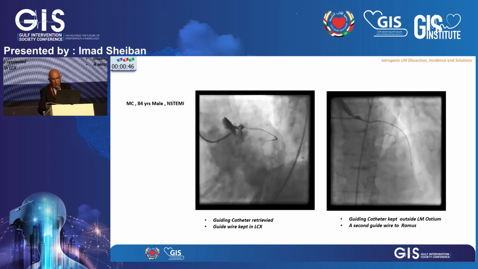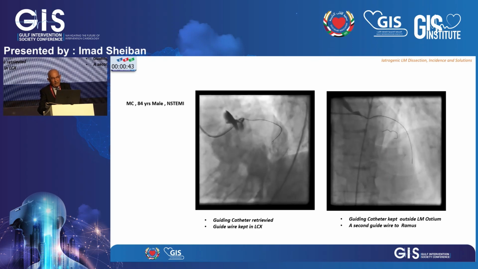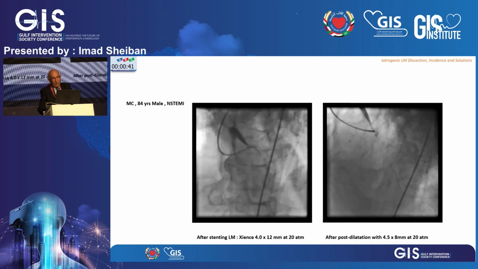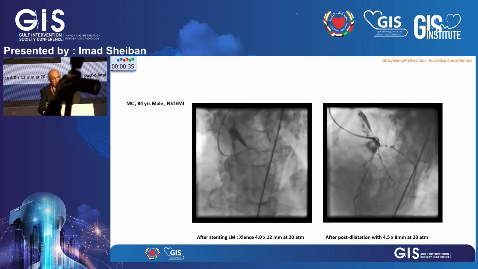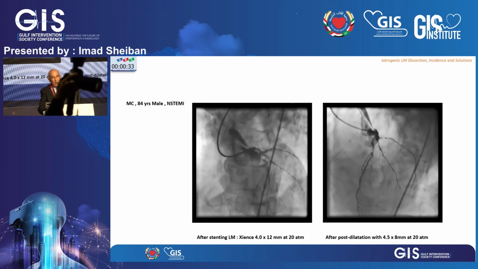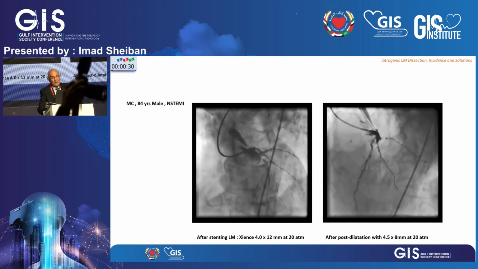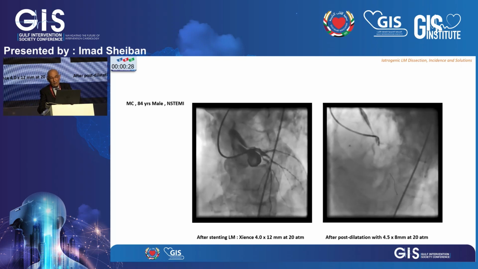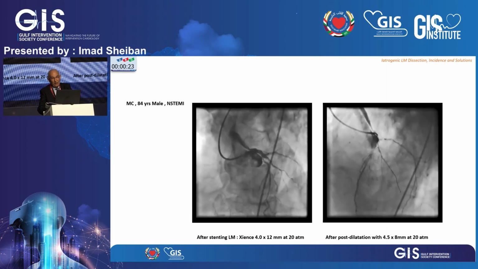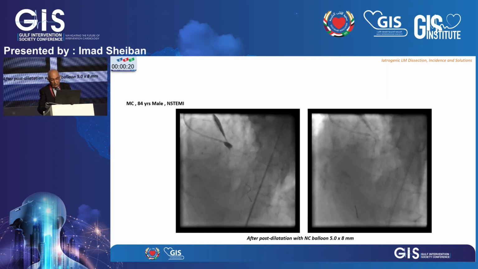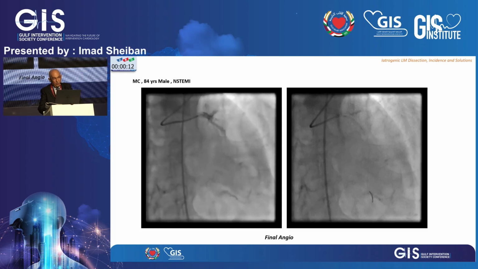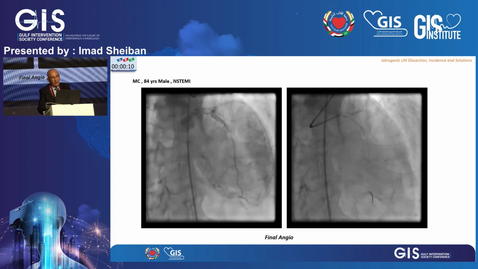So we proceed to stenting, and stenting with 4.0 stent was not sufficient, because you can see even after the stenting it is still having some contrast staining, that means still having the passage of blood into the dissection. When we post-dilate with 5.0 balloon, this was fixed completely, as you can see here in final angiographic result.